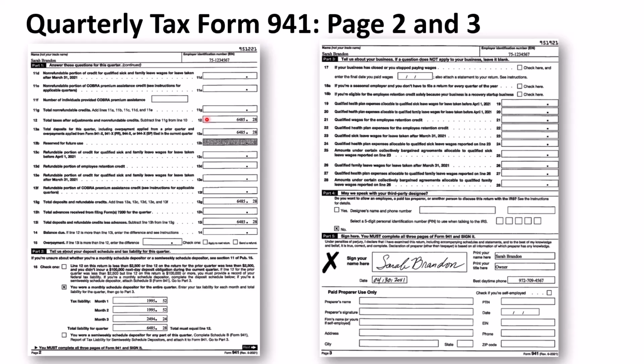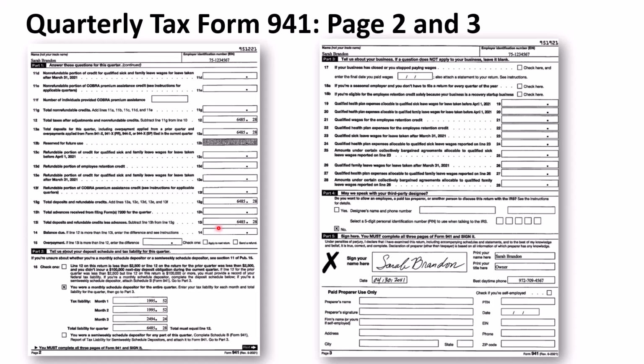On page 2 of Form 941, we see that we don't have any further adjustments that apply and enter the amount of $6,485.28 on line 12. The deposits are entered on lines 13A, 13G, and 13I, and because the total tax equals the total deposits, no additional tax is due.